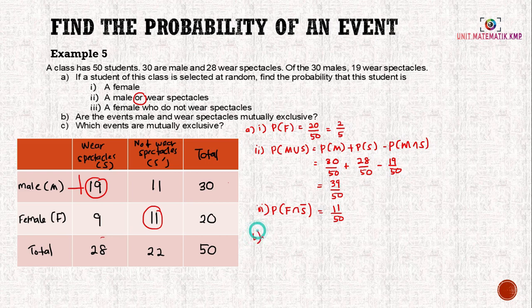Okay, so soalan B. Are the events male and wear spectacle mutually exclusive? So nak show dia, kita mesti dapatkan dia punya intersection. So male intercept wear spectacle. So kalau dia punya probability equal to 0, maksudnya dia adalah mutually exclusive. But now when we look at the table, kita ada probability of M dan juga S, which is 19 over 50, not equal to 0.